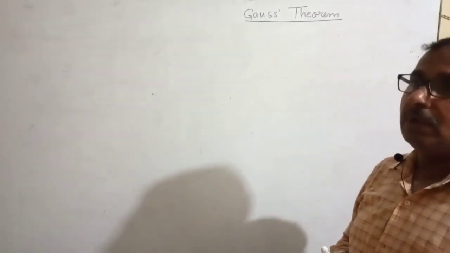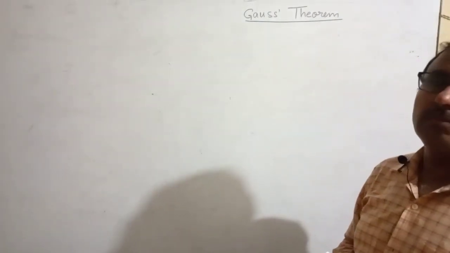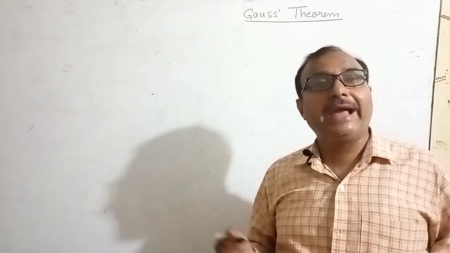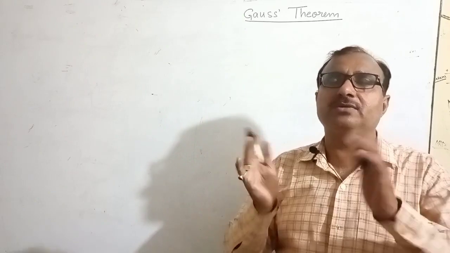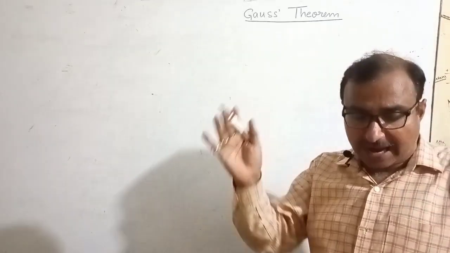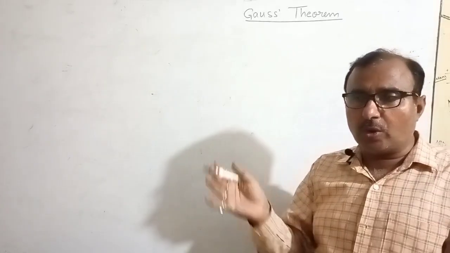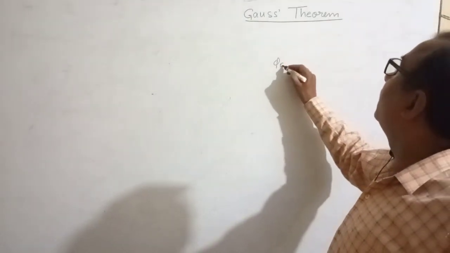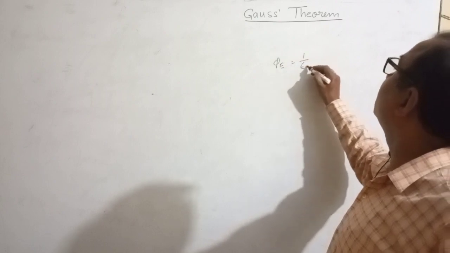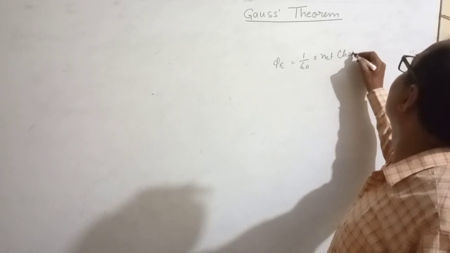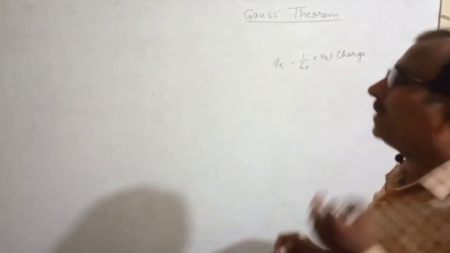Gauss theorem. According to Gauss theorem, electric flux passing through any closed surface, try to understand, is 1 upon epsilon times the net charge enclosed by the surface.